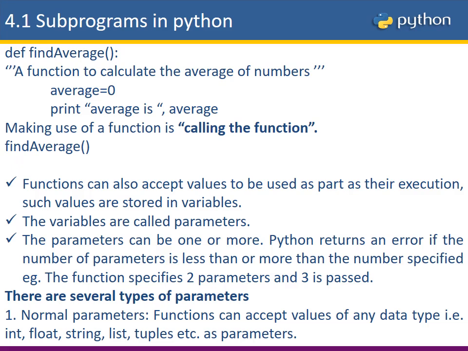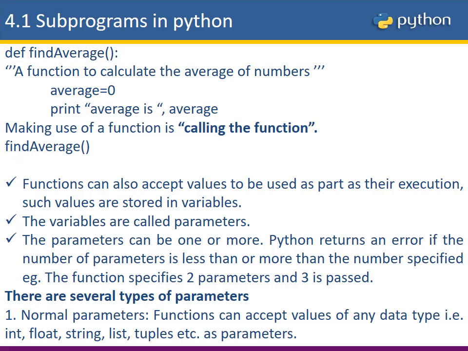A function can also accept values to be used as part of its execution. Such values are stored in variables, and those variables are called parameters. The parameters can be one or more than one.